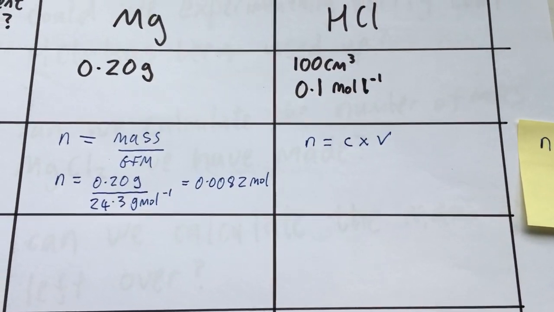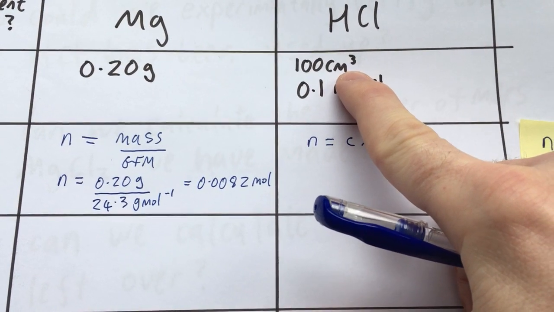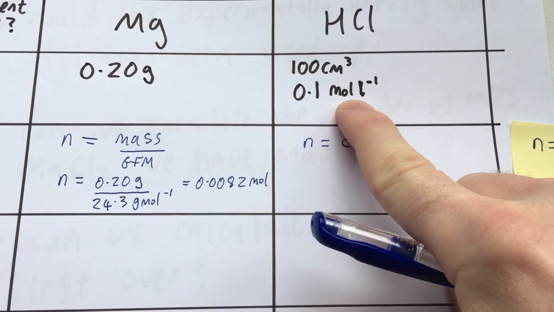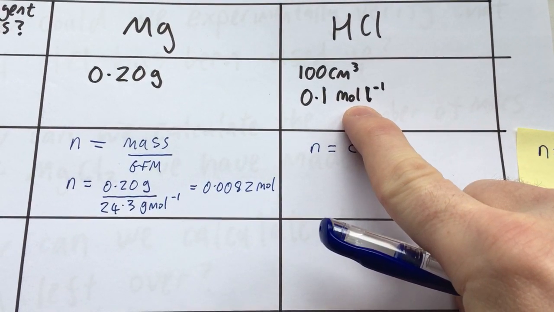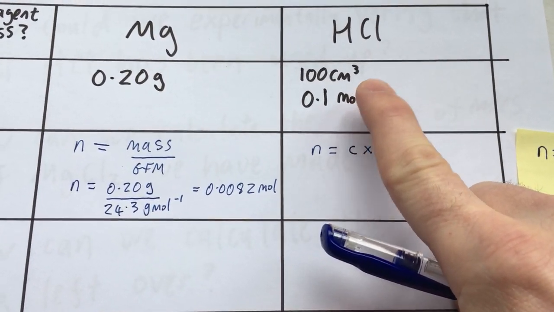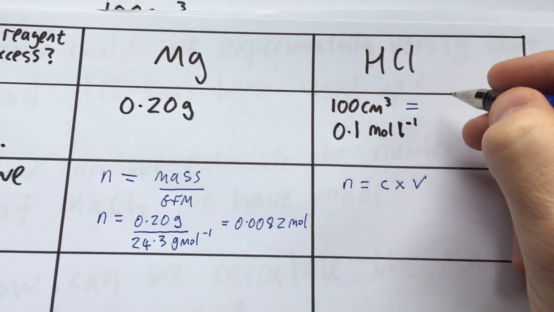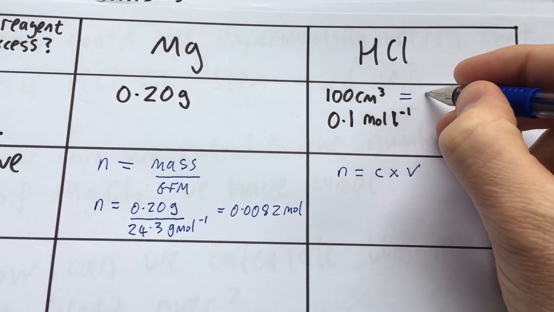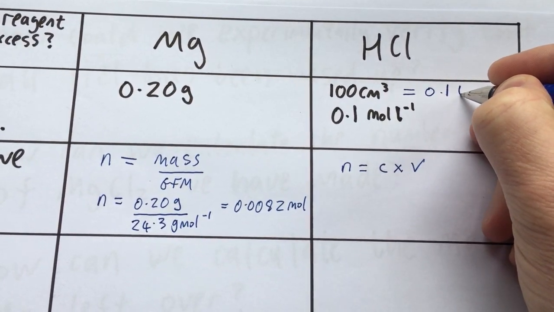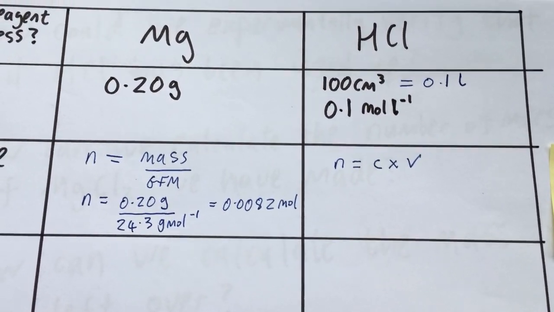And then we're just going to be careful because we're given the volume in centimetres cubed and the concentration in moles per litre, and we just need to make sure that those units of volume match one another. So I'm just going to divide that number by 1,000 to get the volume in litres. Okay, so 100 centimetres cubed divided by 1,000 is 0.1 litres.